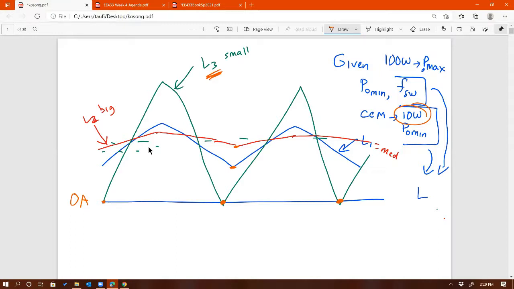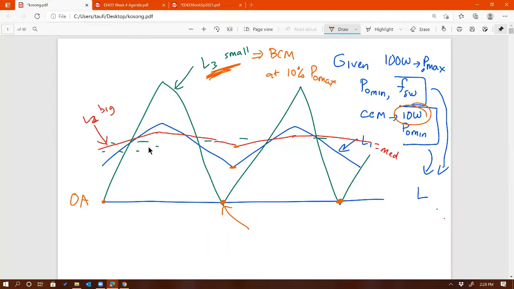And what do you call the case when the inductor current touches 0? What mode is that? BCM, boundary conduction mode. So now I know that if I pick L3, then I am forcing the converter to operate at BCM at 10% of P out max, which is the 10 watts.